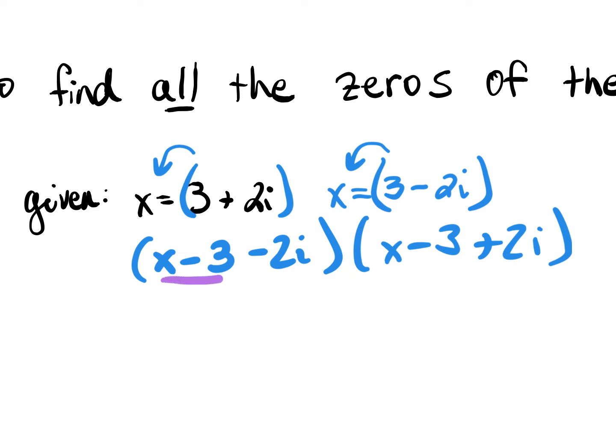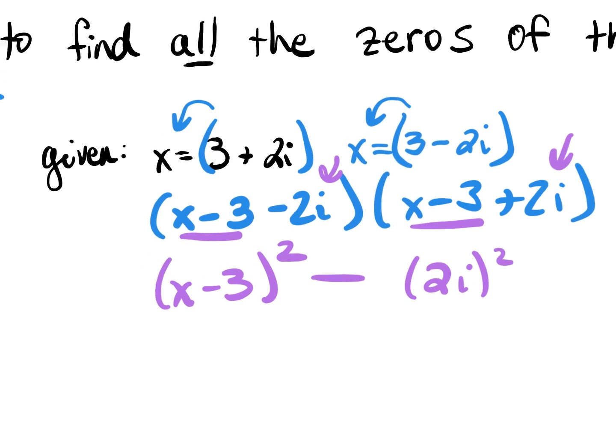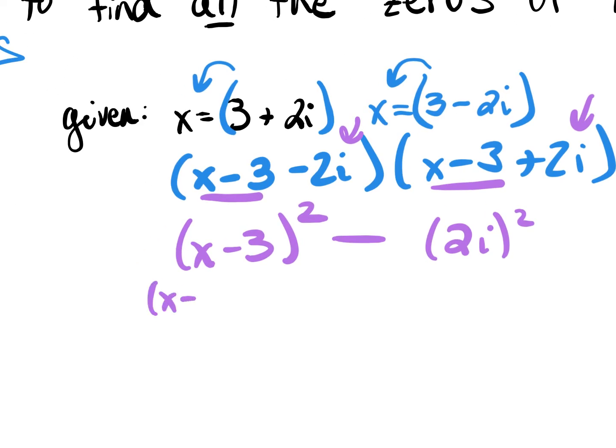So I see that I have x minus 3 and x minus 3 here. So I have x minus 3 squared. I see I have a 2i here and a 2i here. So I have 2i squared. And it's different signs, so I'm going to put a big minus sign in the middle. So I have x minus 3 times x minus 3.